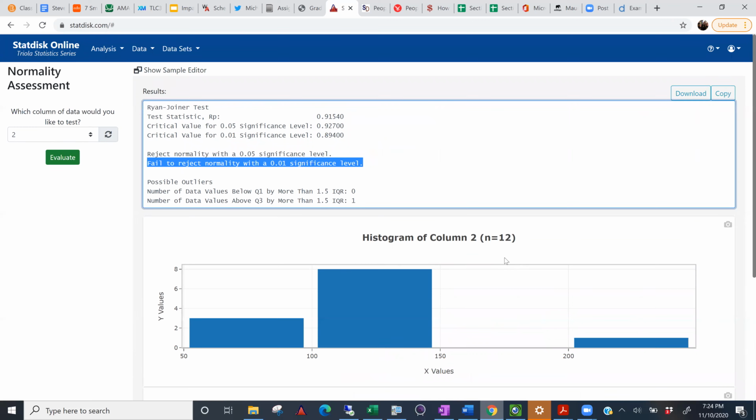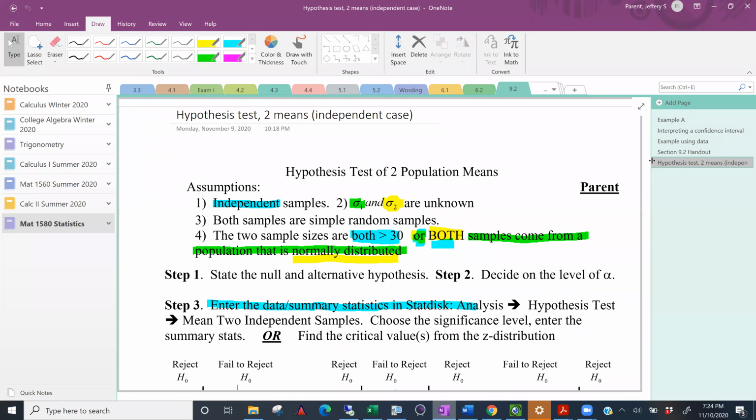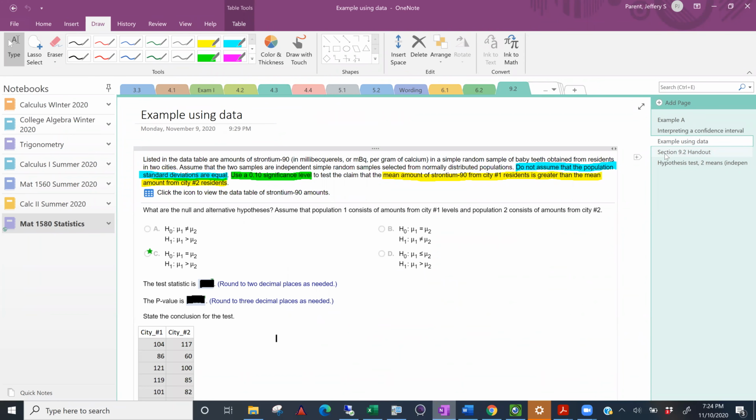So in all honesty, they should have had an option for you to just stop here and not finish this test. Since that's not there, let's finish it up. We'll actually do the hypothesis test.